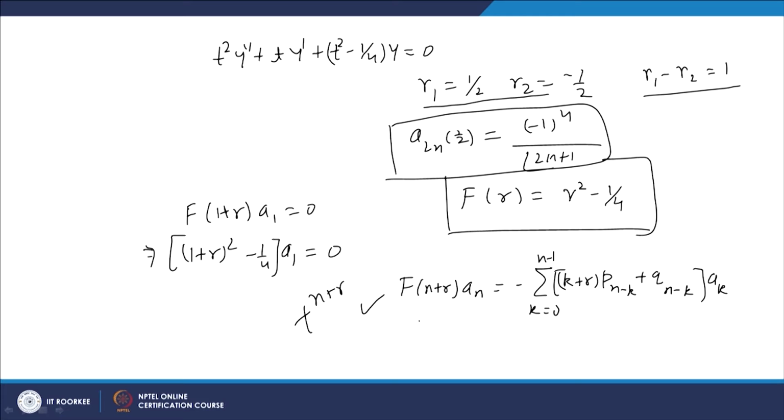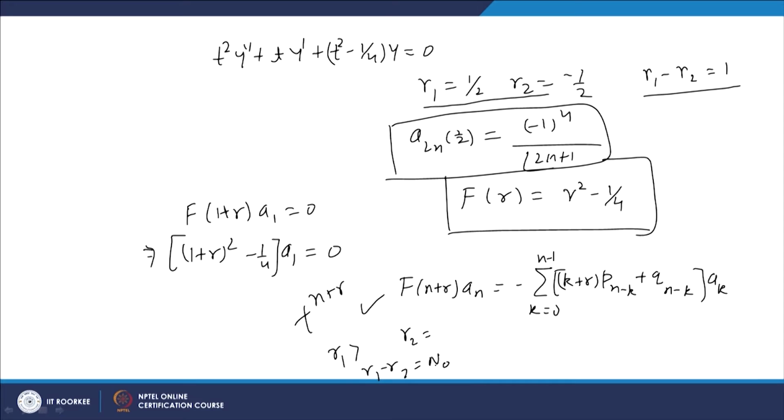Here, take r2 with r1 bigger than r2, and suppose r1 minus r2 differs by some integer n naught.